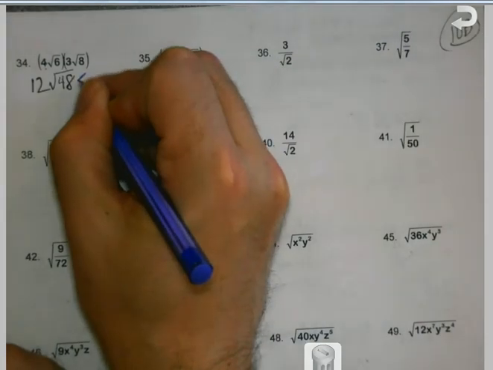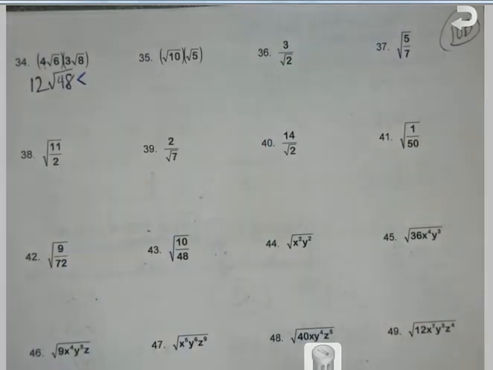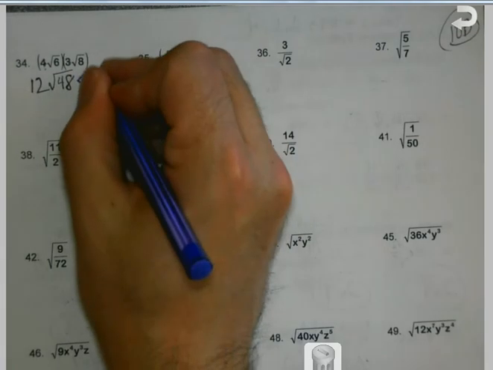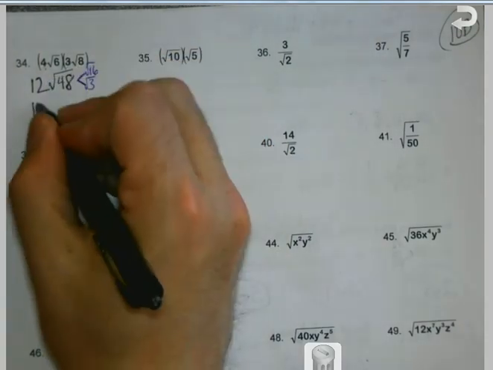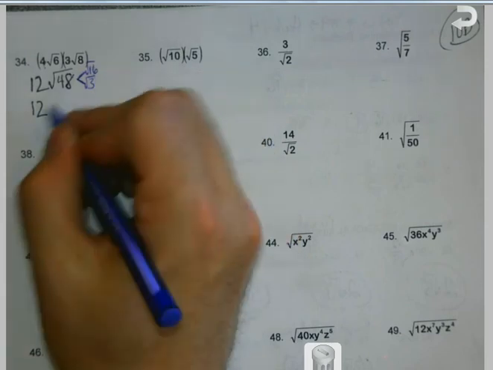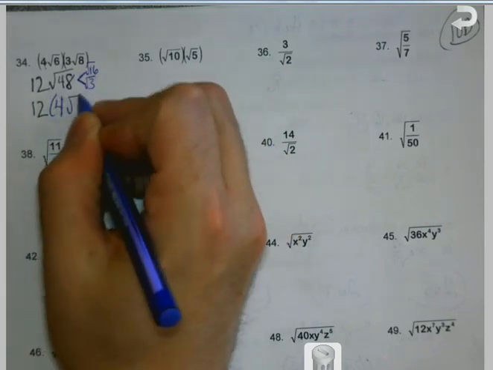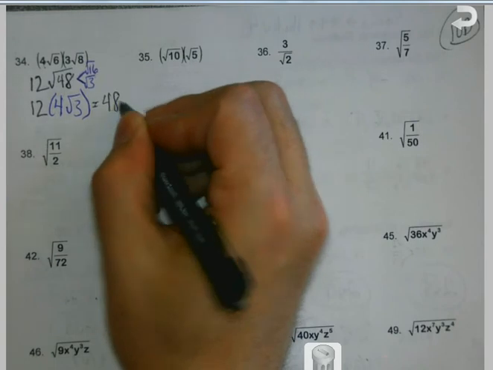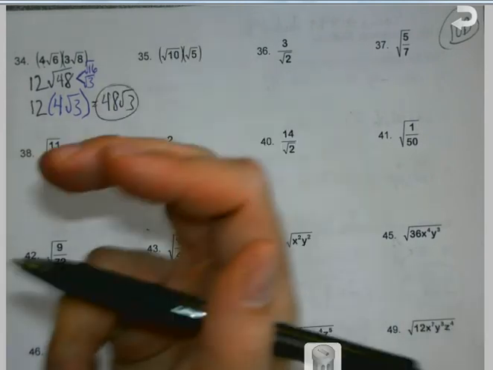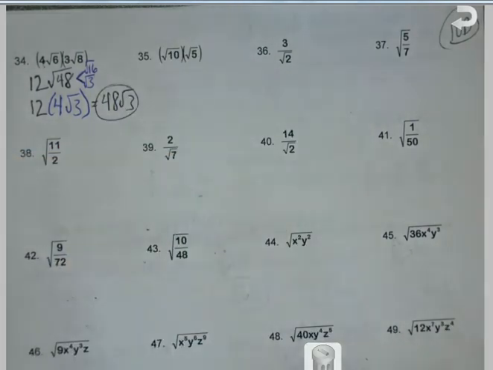Can we break down the 48? 16 and 3. Nicely done. So I've got 12, square root of 16 is 4, square root of 3. Okay, and I'm set. Let's see here. Oh good, I see both of those. I don't have to cheat again.